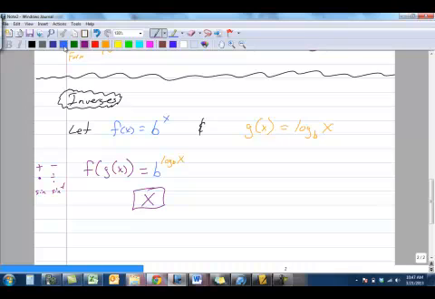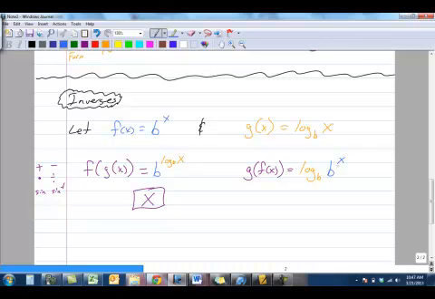So that brings us to g of f of x. G of f of x says log base b of x. We're going to change x. What is x going to become? x is going to become b to the power of x.